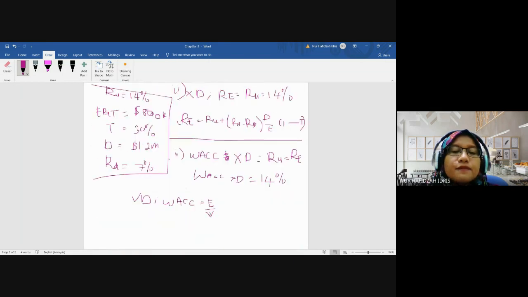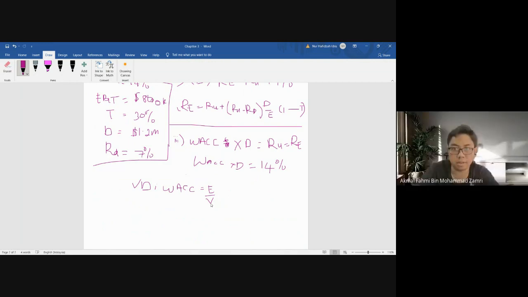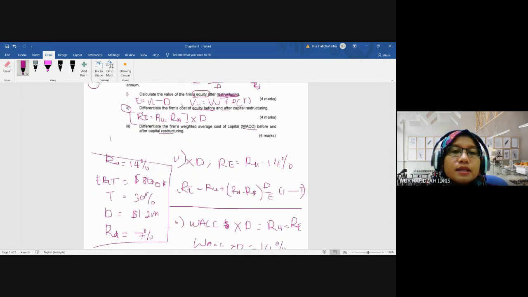V ni you akan ambil VL ke VU? VL. Yes, VL. Because sekarang ni kita tengah buat bila company dah ada debt. Bila dia dah ada debt, so definitely this is VL.